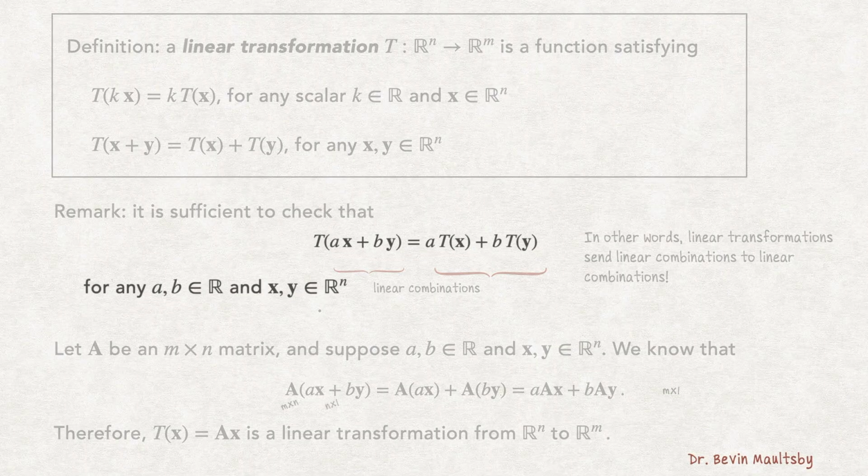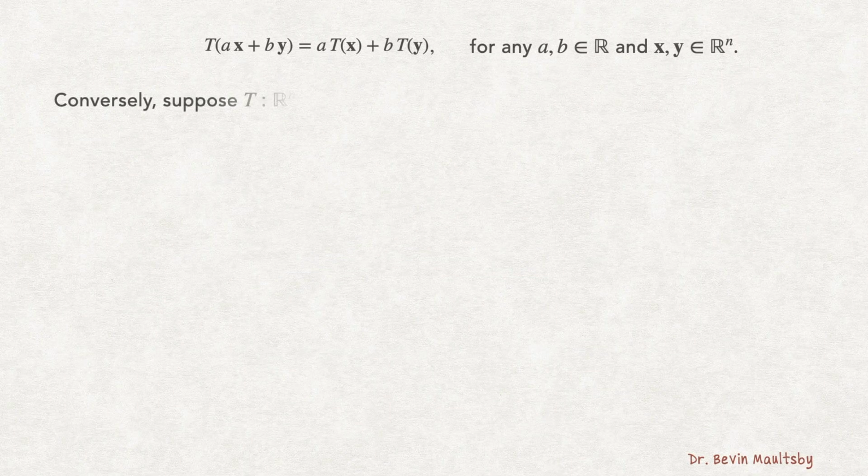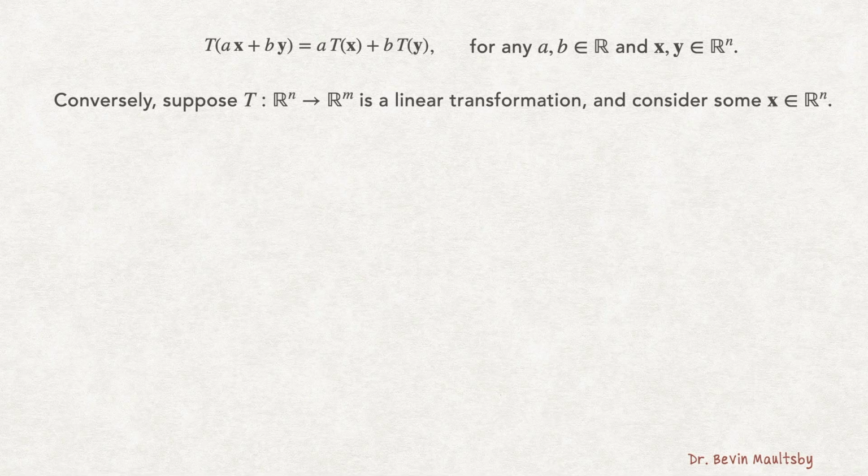The question is, is there any other type of linear transformation? So let's think more generally. Suppose that I have a linear transformation T from Rn to Rm, but I don't yet have a prescriptive form for it. Can we actually figure out what T must look like? Imagine we have any input x from the domain Rn.